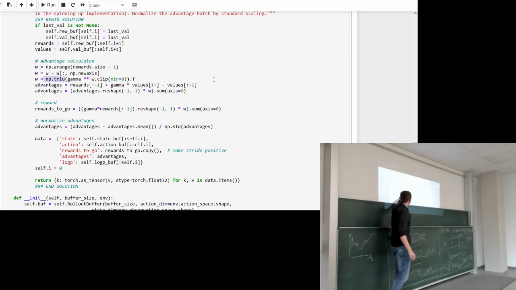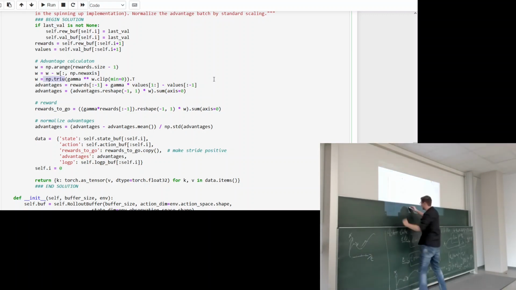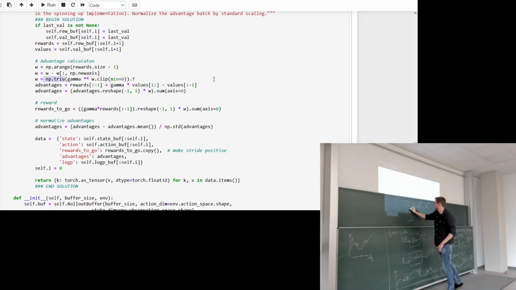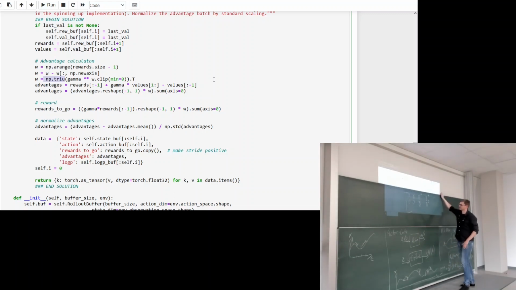before you have the rewards involved over there, you are building up a matrix of this form, which says over here, 0, gamma, gamma squared, gamma cubed, then 0, 0, gamma, gamma squared, and so on.